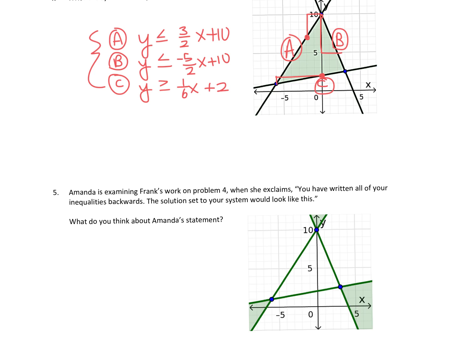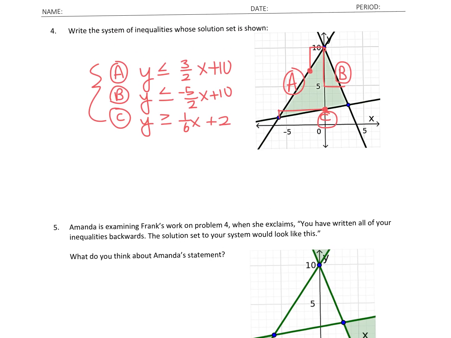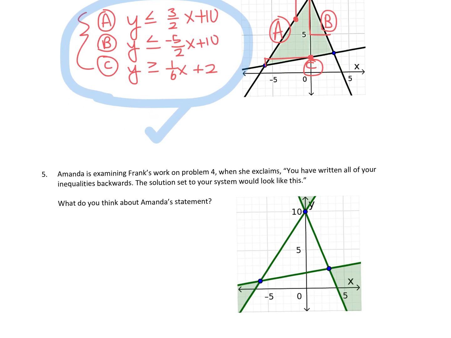Well, I disagree with Amanda. I think that Frank is correct with the inequalities that we have up here. Like, I think those look good. So I think that she's confused about the direction of the signs.